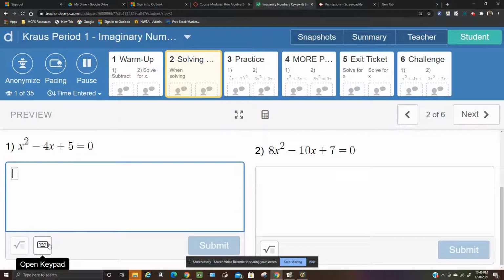So this first one, subtract 5, and complete the square.